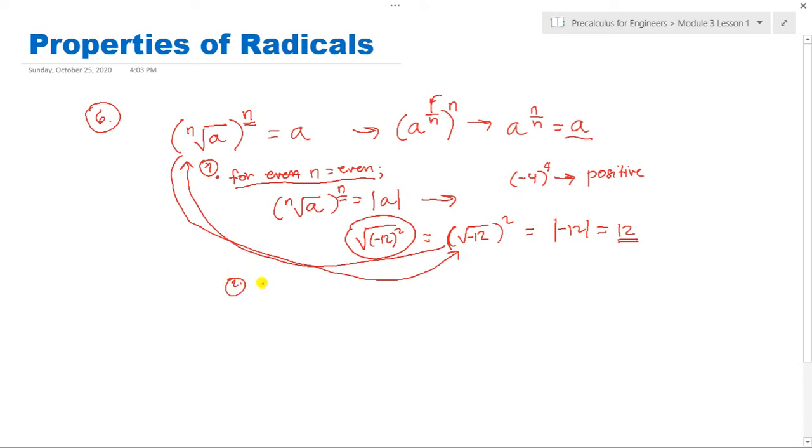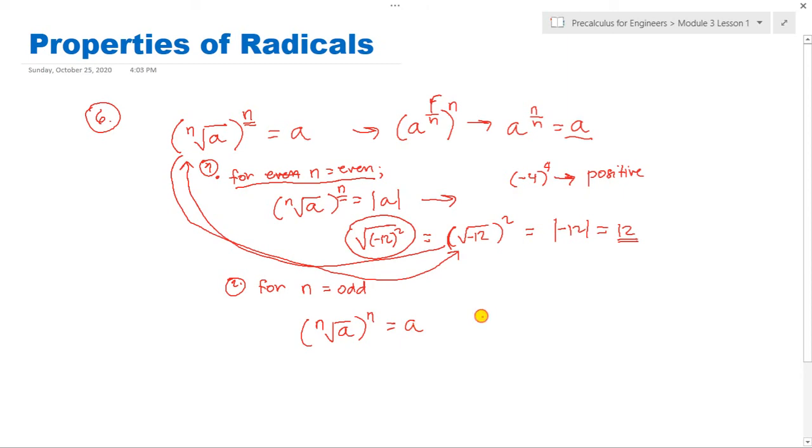How about for our second condition? The second condition is for n will be odd. Kapag odd number lang siya, you can just simply write this as the nth root of A raised to the power of n is just equal to A. So, hindi ka na mag-absolute. Just write the number.